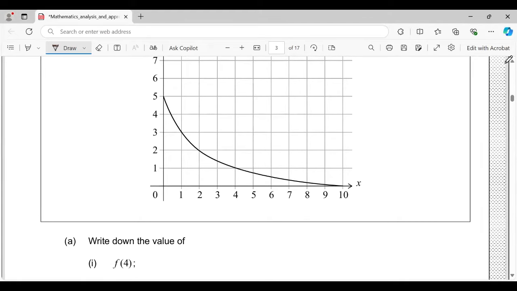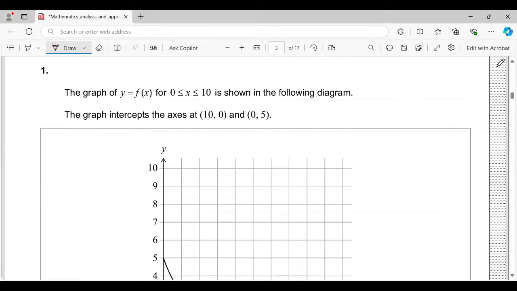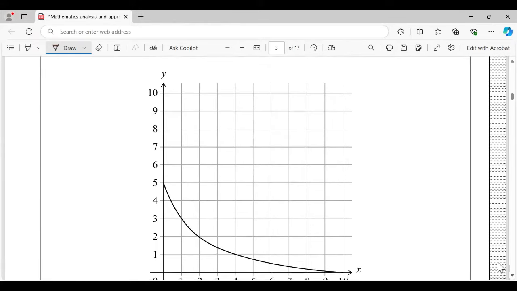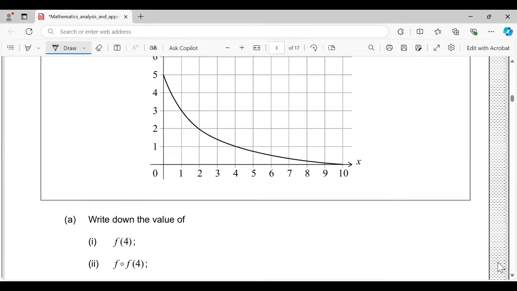According to this information, y equals f(x), so if x equals 4, y equals 1. So the answer here is 1.